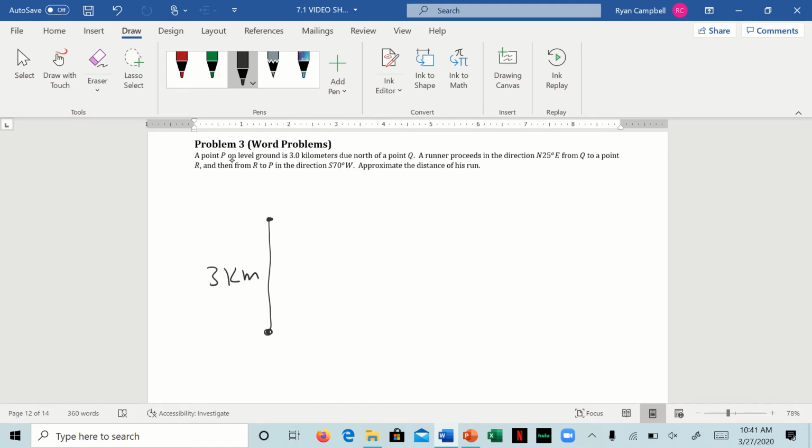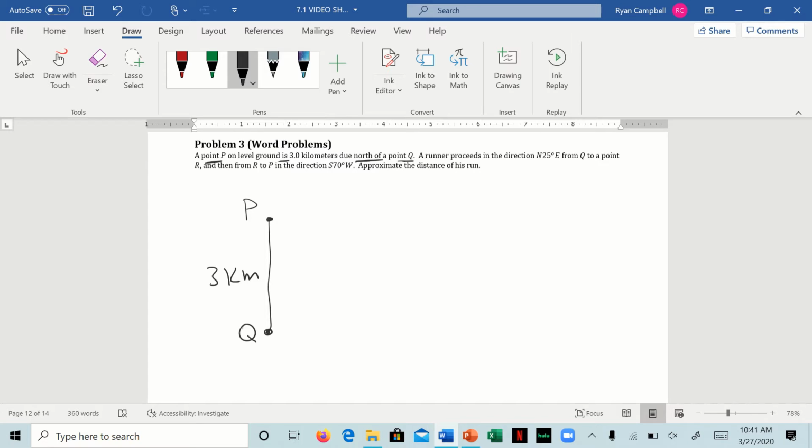A point P lies on ground level, is 3 kilometers due north of Q. So my question is, does that mean Q is above P, or is P above Q? Which way are we supposed to draw this? Hopefully if you read, it says point P is north of Q. So P is the one that's closer to the north, right?